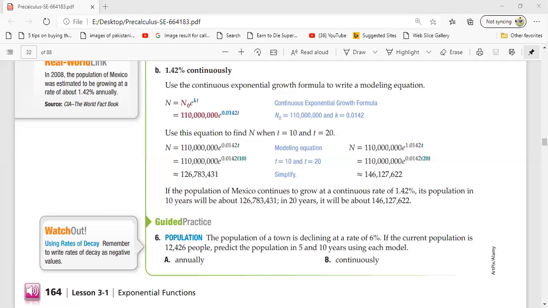And when it is continuously, our formula will be changed. This will become this formula. Are you writing, or I didn't see you? You cannot see. Oh, sorry. One minute.